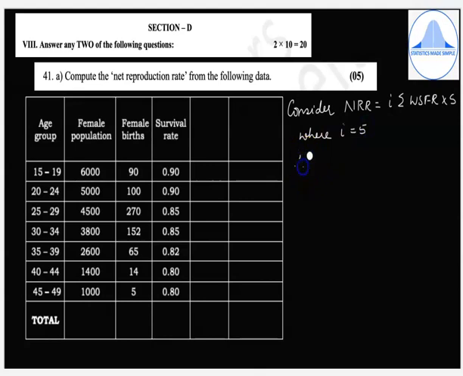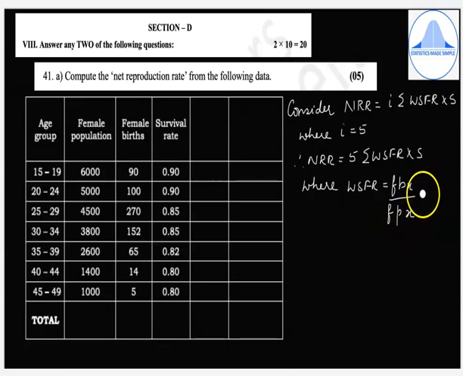So NRR is equal to 5 into summation WSFR into S, where women specific fertility rate is equal to FBX, that is female births at age X, divided by FPX, that is female population at age X, into 1000.